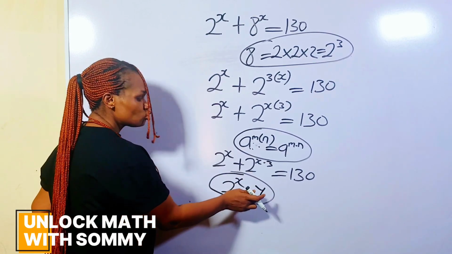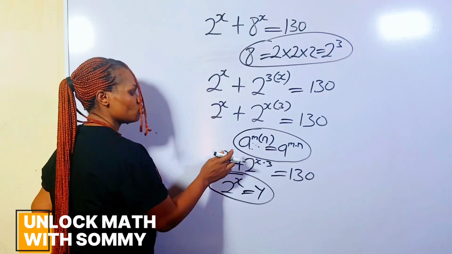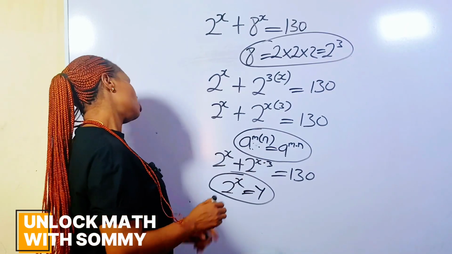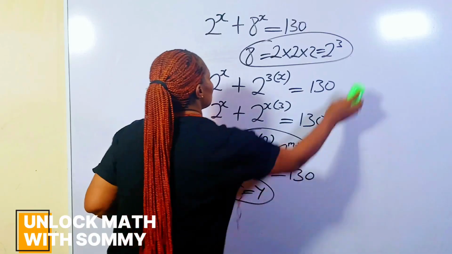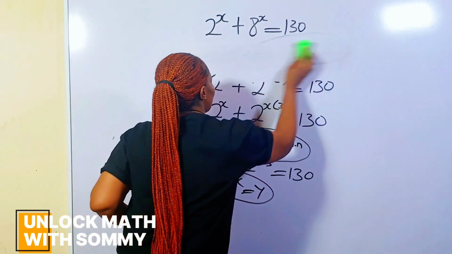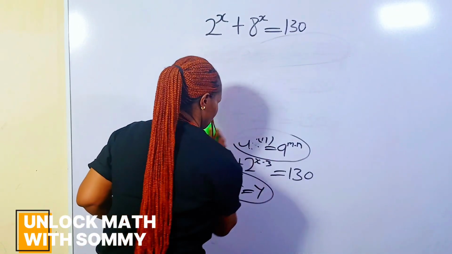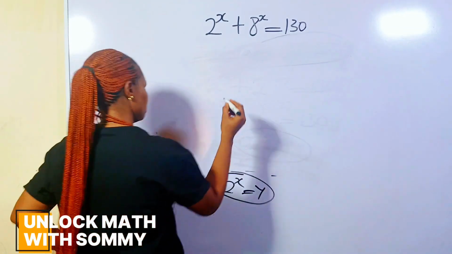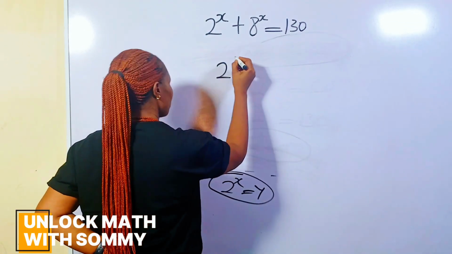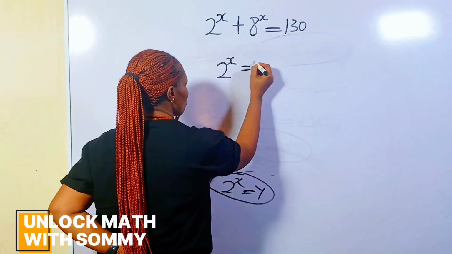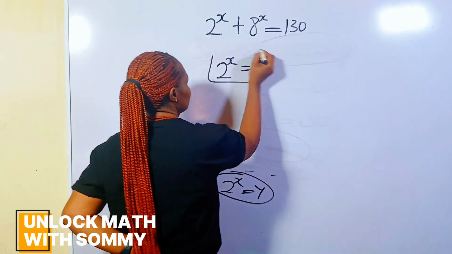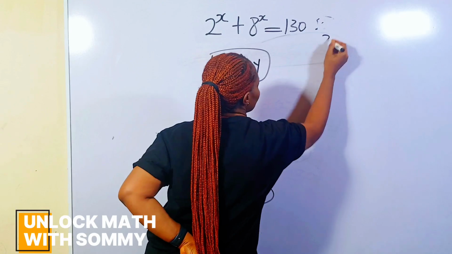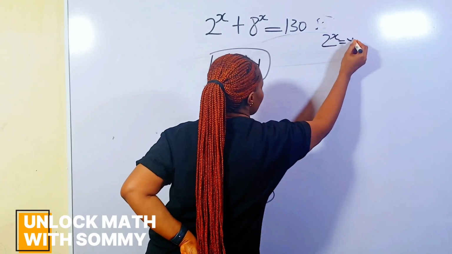Therefore, we are going to substitute y into 2 raised to the power s. Let's keep this here: 2 raised to the power s is equal to y.